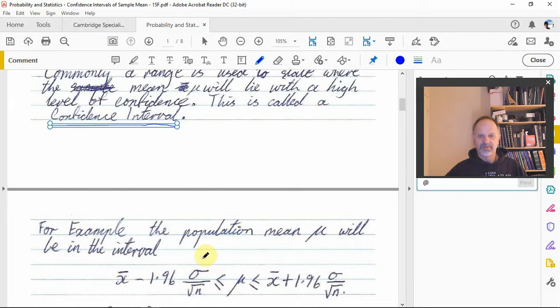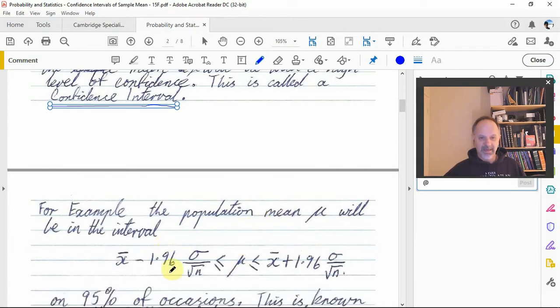So this thing here, if you like, is the sample standard deviation. All right, so if you take 1.96 times sigma over root n, whatever that number is, if you take that away from the sample mean and then you add it to the sample mean, that gives you a range of values that the population mean will lie in.